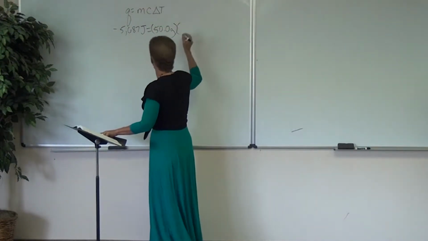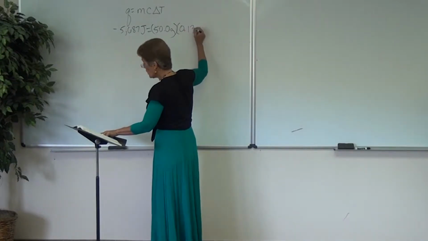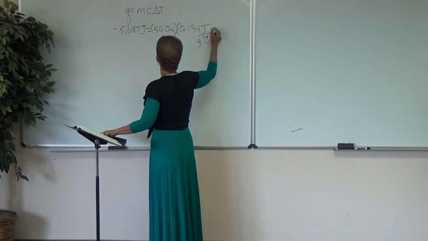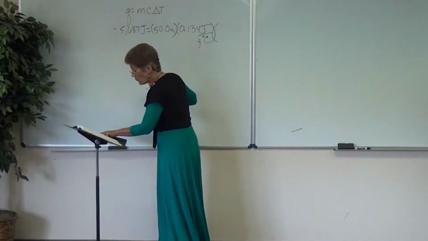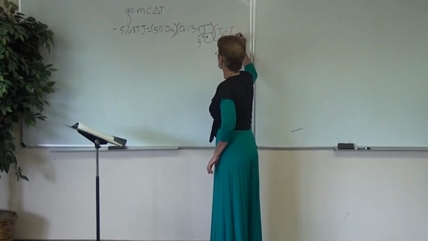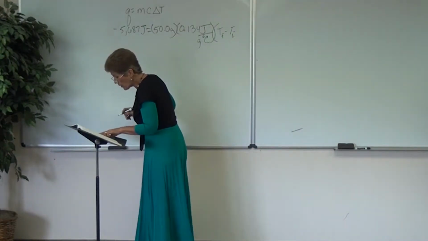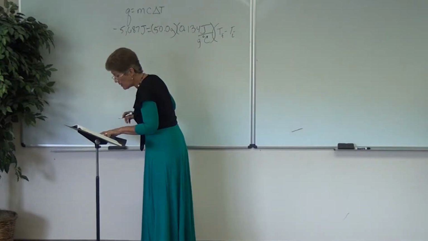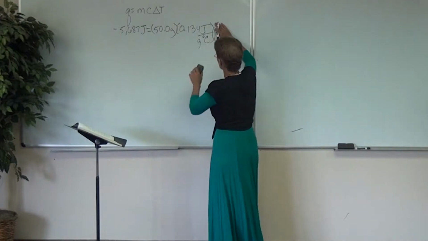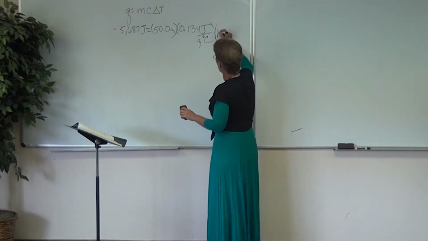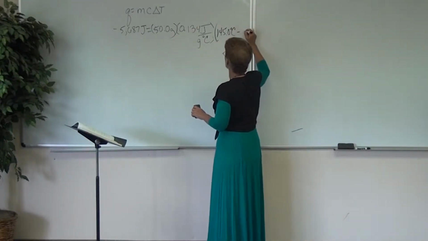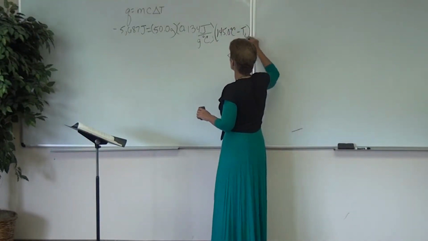We're given C as 0.134 joules per gram degrees Celsius. And delta T we know is the final temperature minus the initial temperature, which here we're given that it ends up at 145 degrees. So I'm going to put 145.0 degrees Celsius minus what we're looking for, which is the initial temperature.